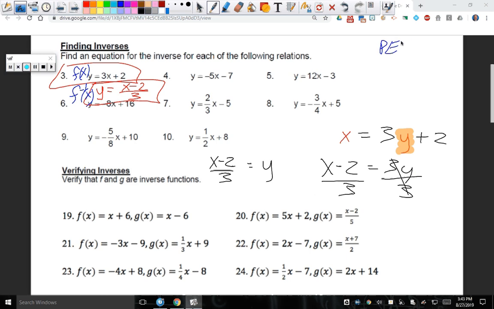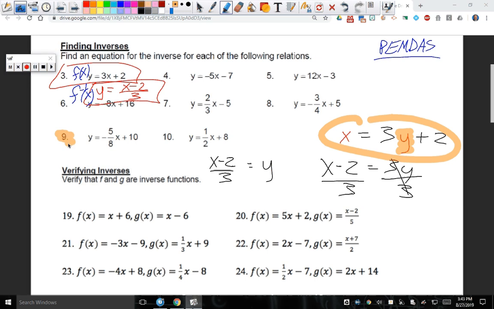PEMDAS, order of operations. A lot of us, when we see equations like this, especially when they're more difficult looking like number 9, which we're going to do in just a bit, struggle to see what we should start moving to the other side first. But a lot of us are really, really good at this. So I'm going to use that strength.